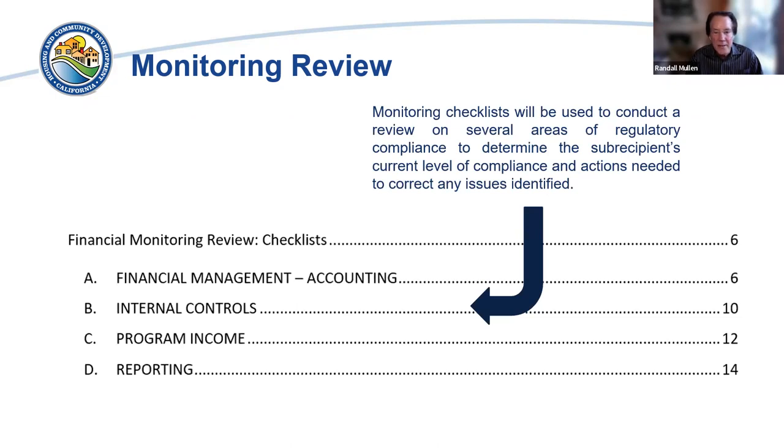The monitoring checklist will be used to conduct the review of several areas of regulatory compliance, including the two that I just mentioned. It is where it is necessary for HCD to confirm that compliance has been achieved by your jurisdiction.